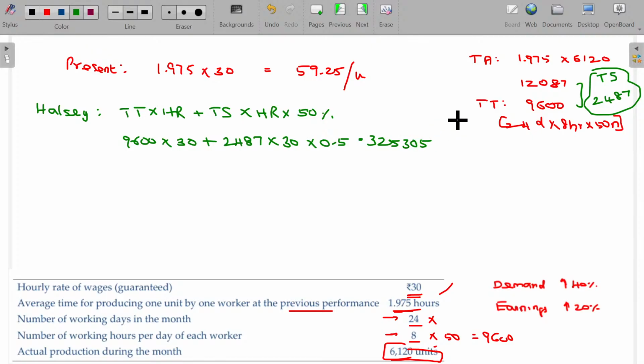And what about the piece rate? You have to divide this by the number of pieces produced, being 6,120. 53.15.